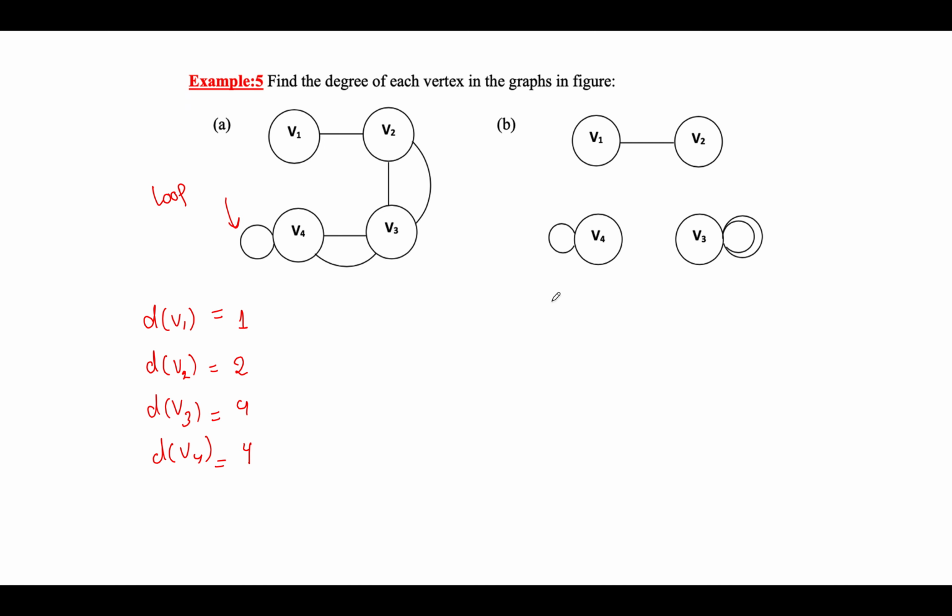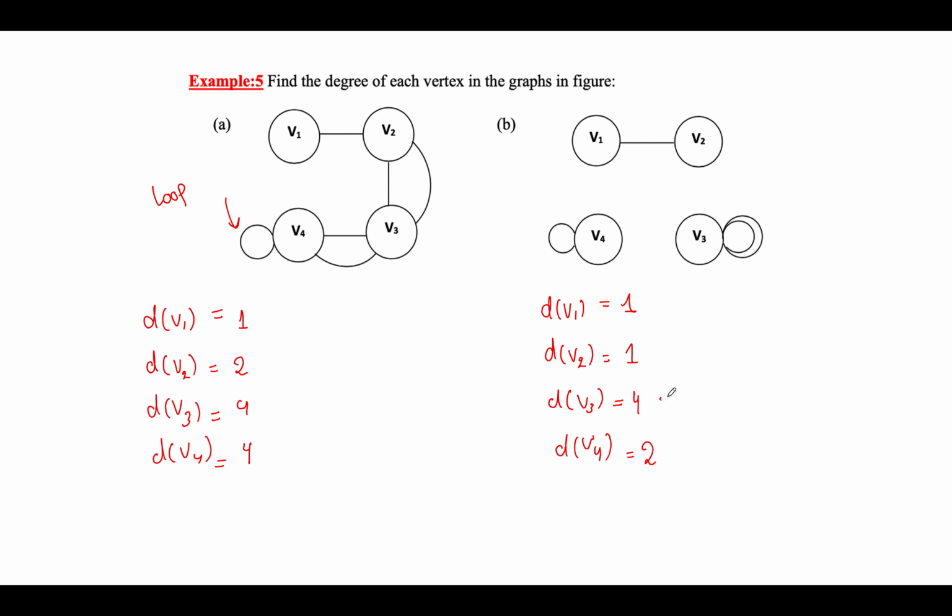Let's see the graph B. So here again we got 4 vertices and we need to find the degree of each vertex. V1 is 1, V2 has only one edge, V3 got 1, 2, 3, 4, since there are 2 loops, and V4 is equal to 2.